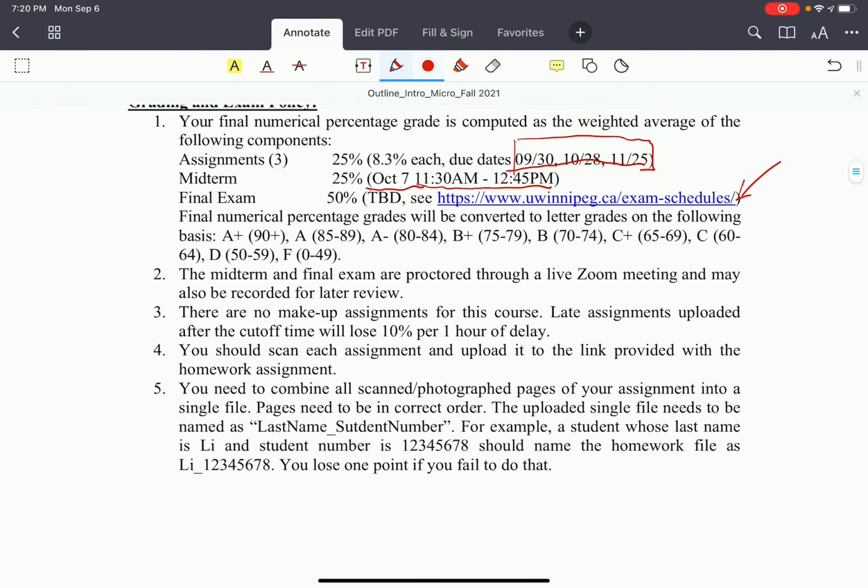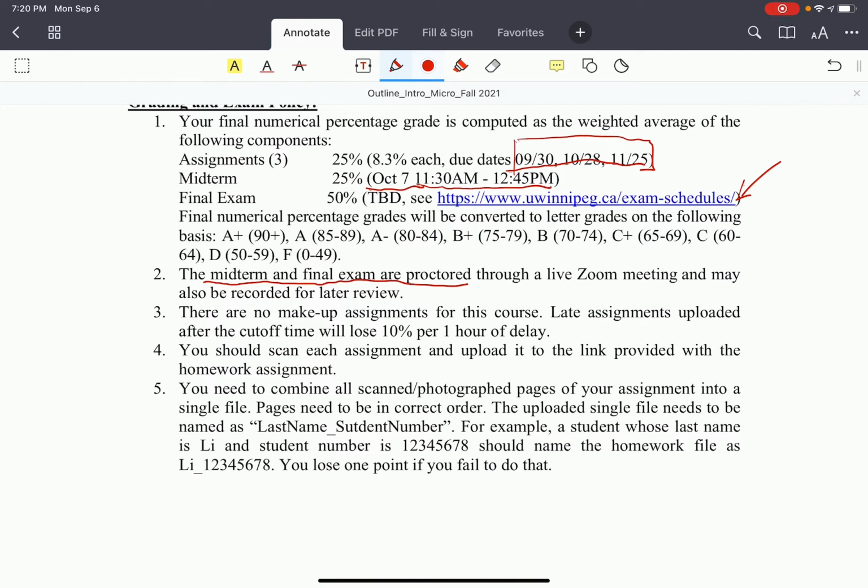What else? Okay, so the midterm and final exam will be proctored using a live Zoom meeting. Basically, you will sit before the camera and you have to open your Zoom, and I can see you and my proctors can see you.